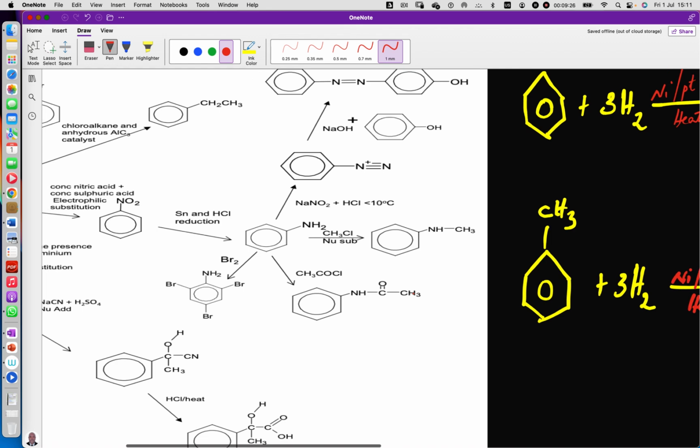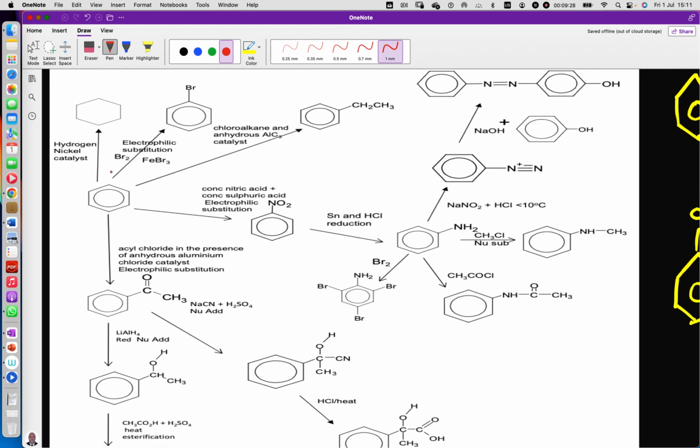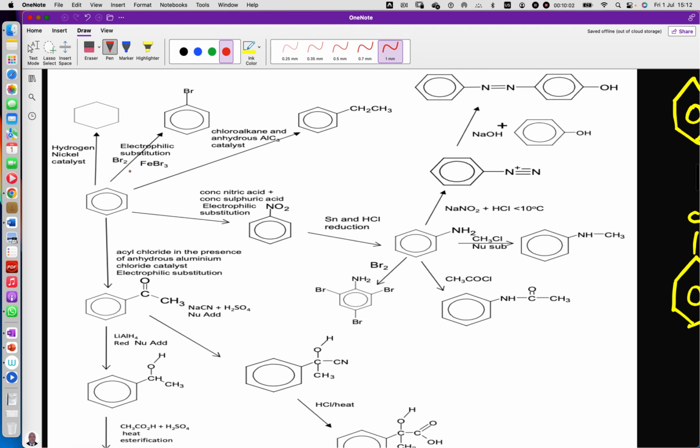So now that is benzene to this. Then benzene to bromobenzene. The only thing you can do is electrophilic substitution.